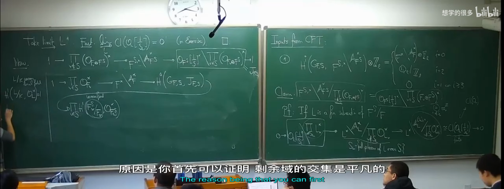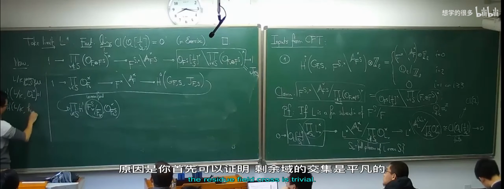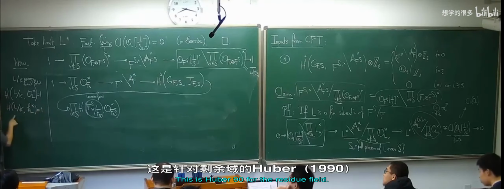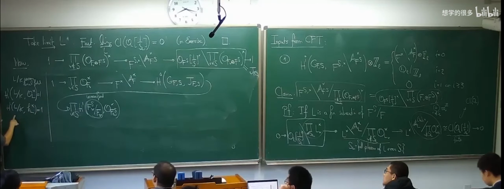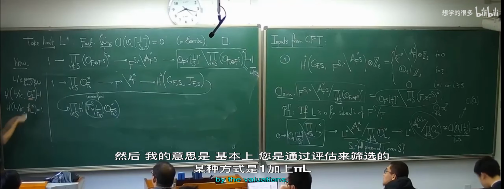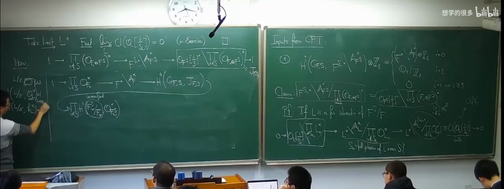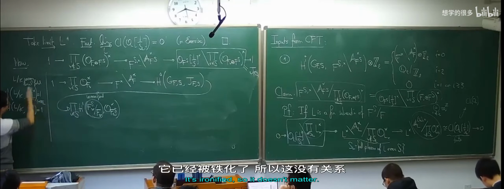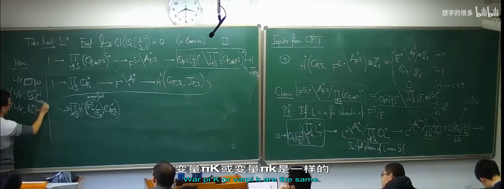The reason being that you can first show the residue field cross is trivial. This is Hilbert 90 for the residue field. And then basically you filter it by the valuations, by 1 plus varpi L. It's unramified, so it doesn't matter. Varpi K or varpi L are the same.